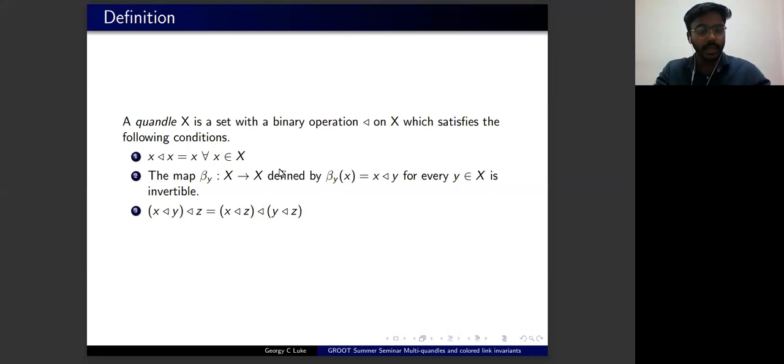The second condition is that if I define a map beta Y from X to X as beta Y of X is X del Y, then for every Y, this map beta Y should be invertible. The third axiom is right distributivity: X del Y del Z should be X del Z del Y del Z.